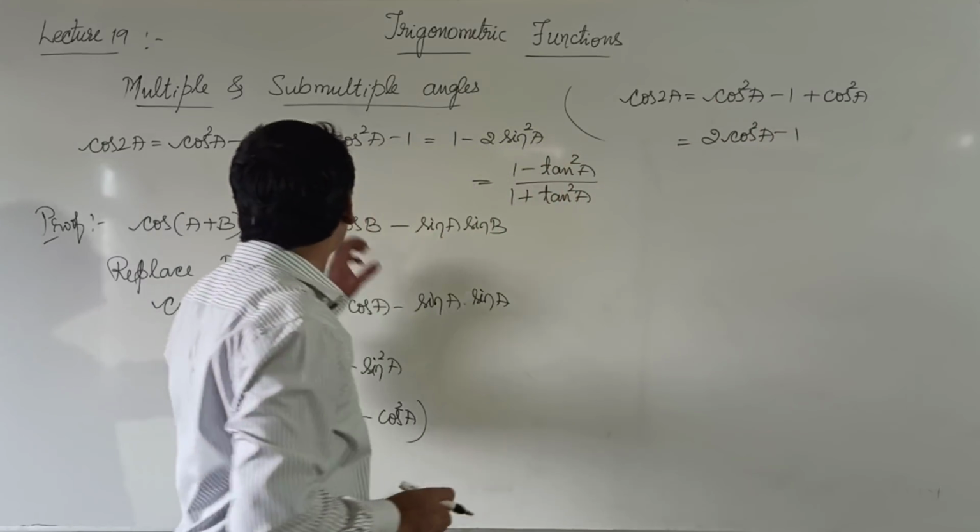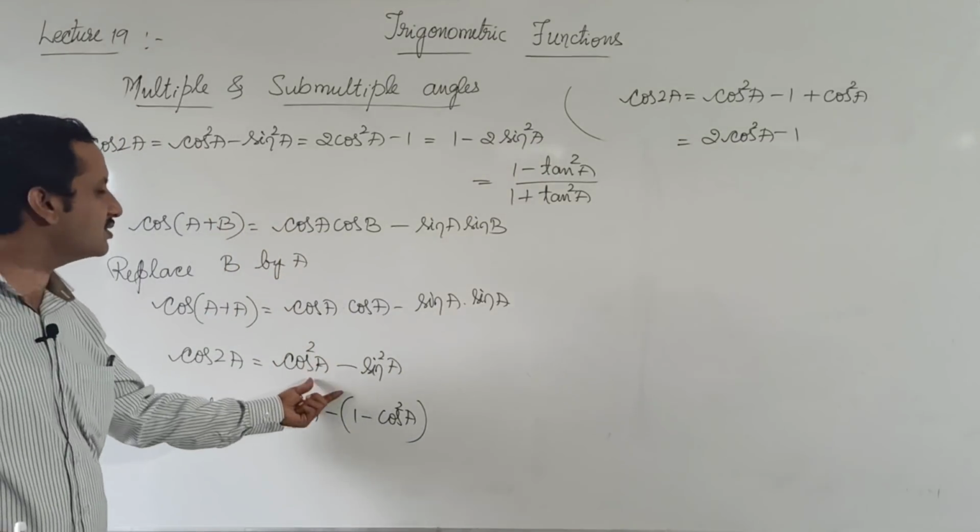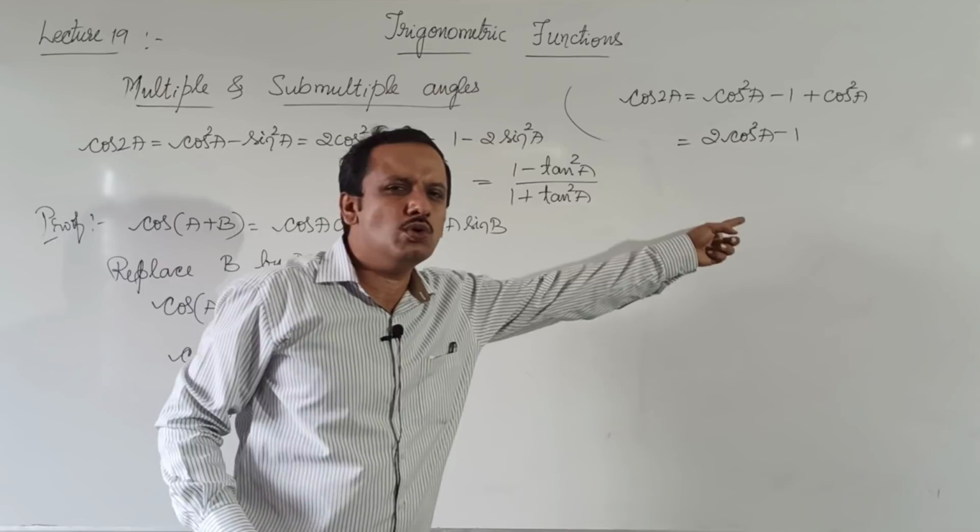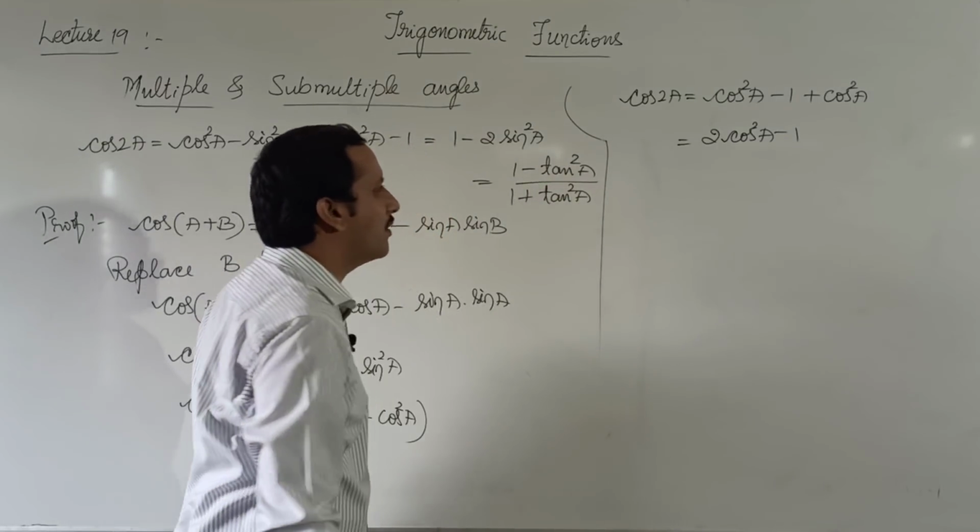So we got this result, cos 2a equal to cos square a minus sin square a, and that's also equal to 2 cos square a minus 1. That much we have got.